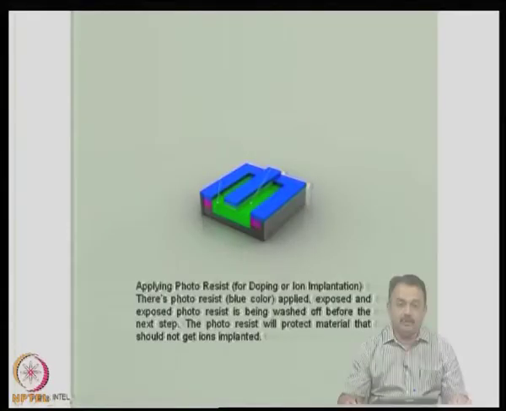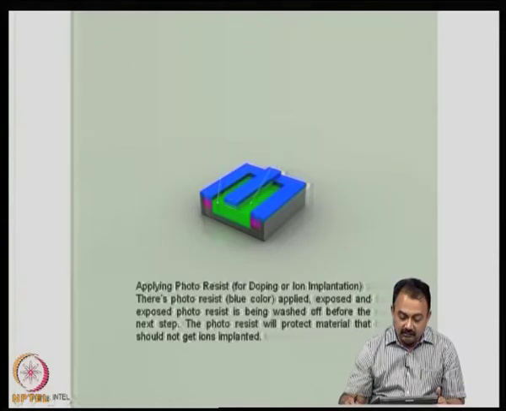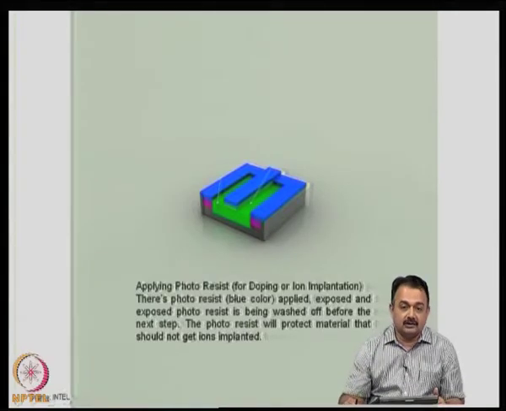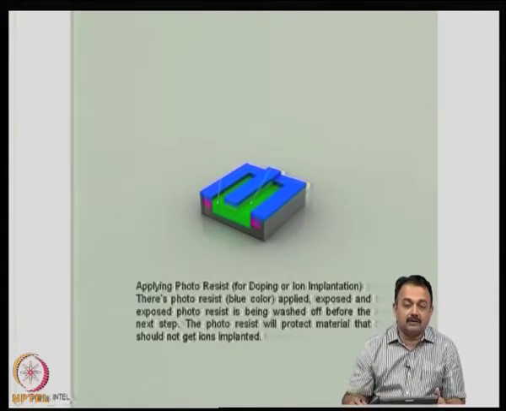Now, again you are going back to the photoresist application. This time the reason is you want to dope or implant some ions or use some dopants. I talked about dopants in the last class, dopants like phosphorus, boron, or arsenic.